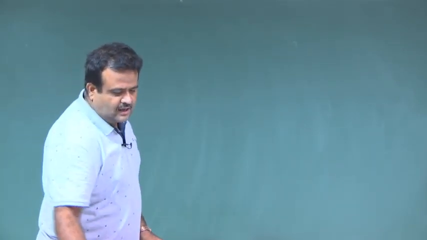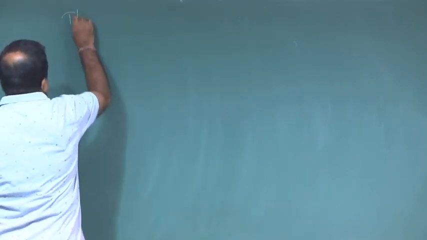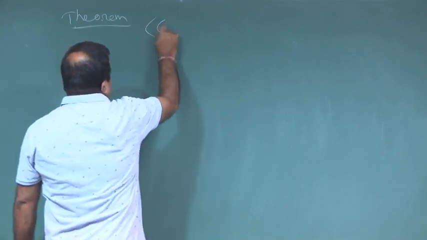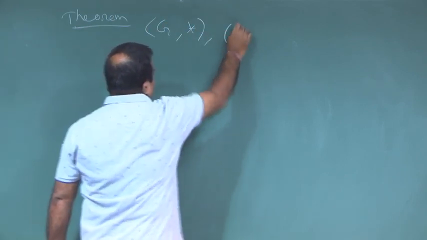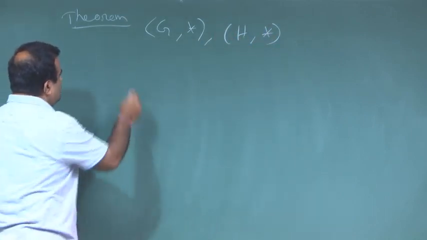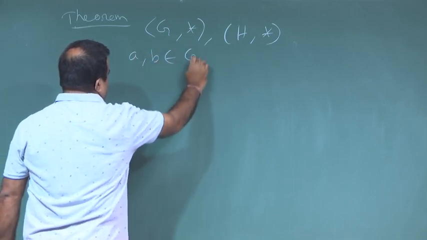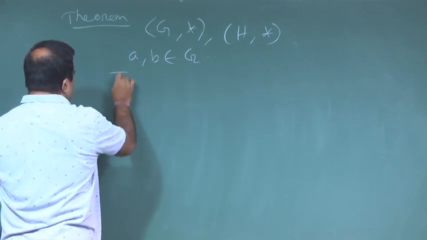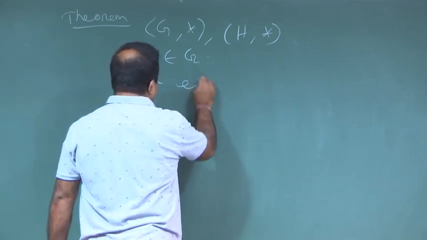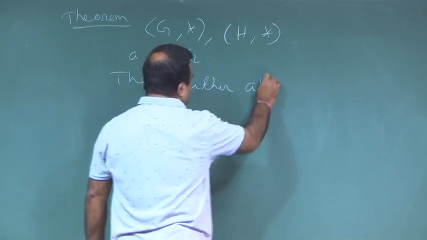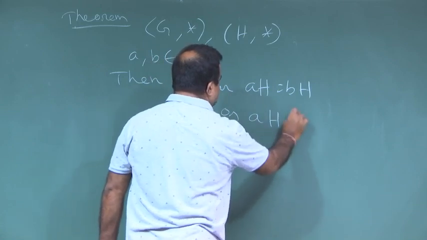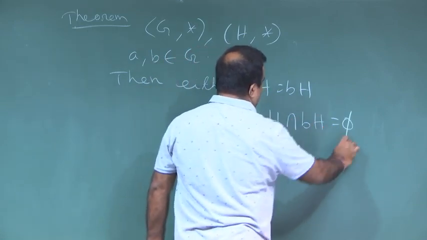Okay, so this is another theorem on the left coset. Again, G is a group and H is a subgroup of G, and let a, b be any two elements in G. Then either aH equals bH, or aH intersection bH is empty.